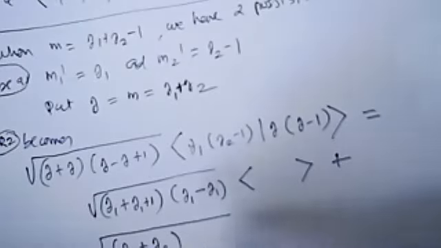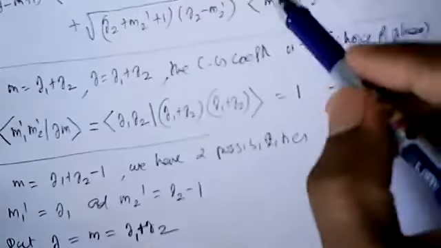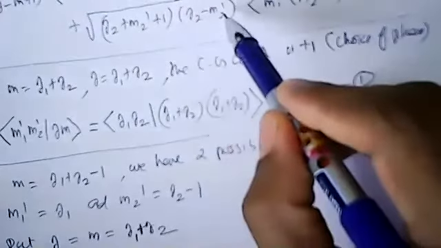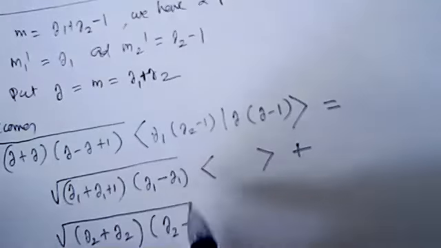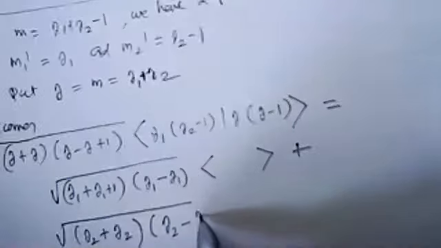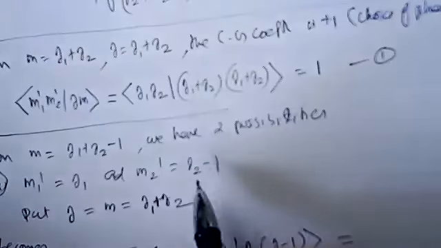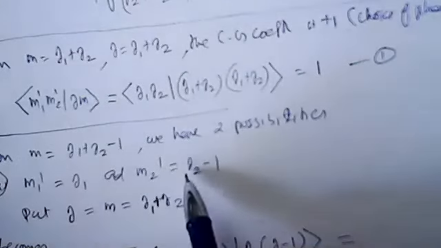Okay. Then see j2 minus m2 dash. So j2 plus 1. m2 dash is j2 minus 1. So minus j2 plus 1.